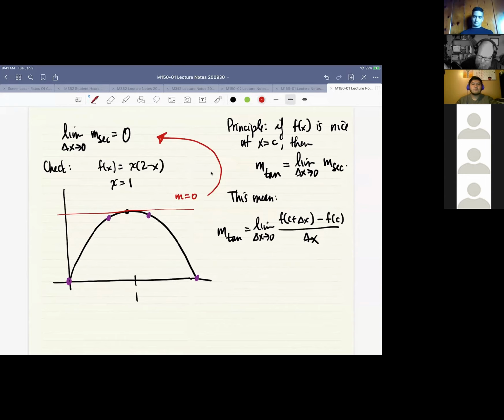So this gives us a formula to calculate the slope of a tangent line whenever we want to. All you need is a formula for f and an input for where you want to calculate. So let's do this one more time with this example.